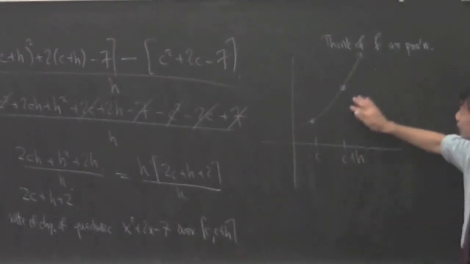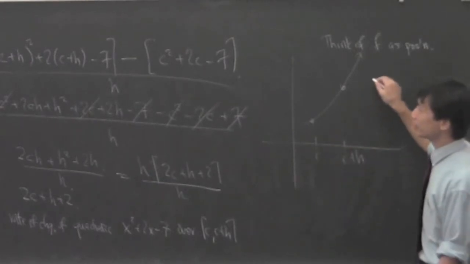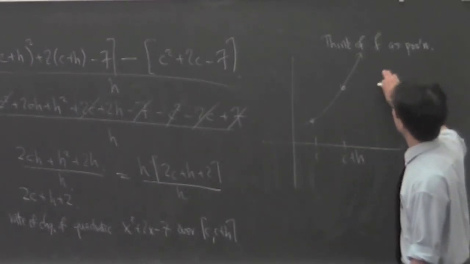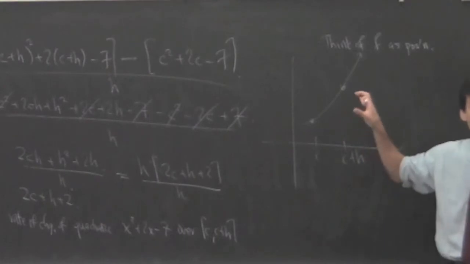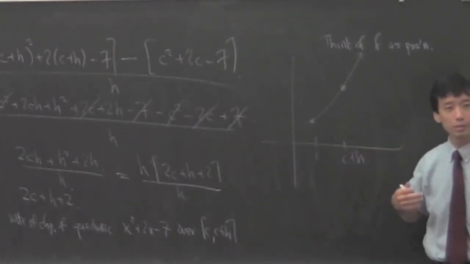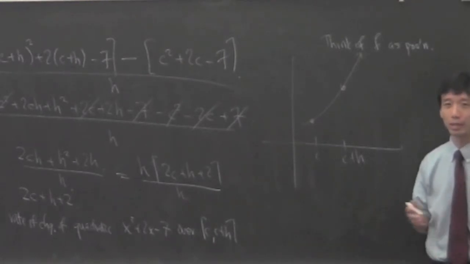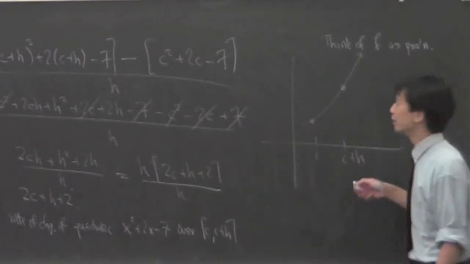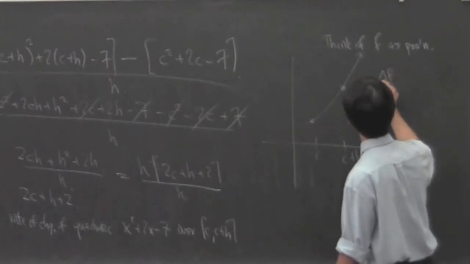You think of this f as position. Well, then this average rate of change is the average rate of change of position over change of time, which is physically like velocity. Average velocity.